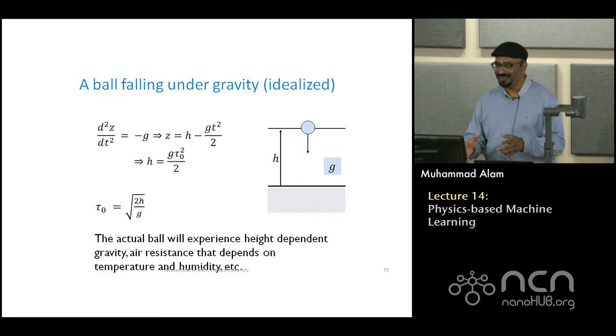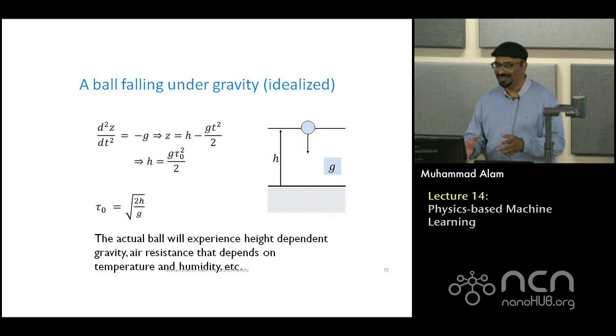For example, in this particular case, I have a ball at a distance h from the earth, and I want to know how long it takes for this ball to drop. And you have seen in high school that this is essentially a derivative. This is the acceleration, and acceleration is equal to minus g, because your g is measured in this direction, and your acceleration is in the other direction.